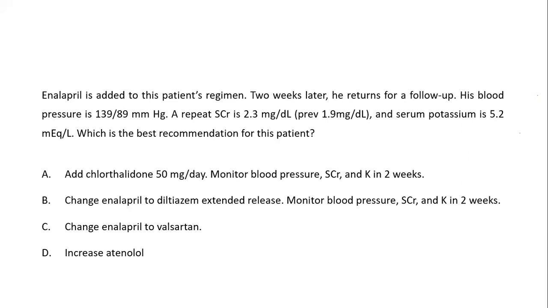Changing to diltiazem, as we already discussed, is not a good option since this patient has proteinuria. Changing to another compound like valsartan, there's no reason for that. So you're very right, Abdul Rashid, Anirudh, Rifat, and everybody else. Option A, add chlorthalidone 50 milligrams per day, since he's grade 3A.